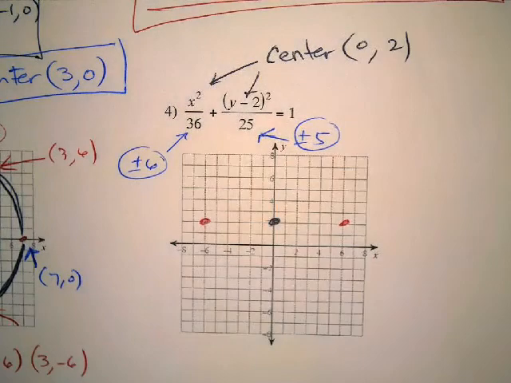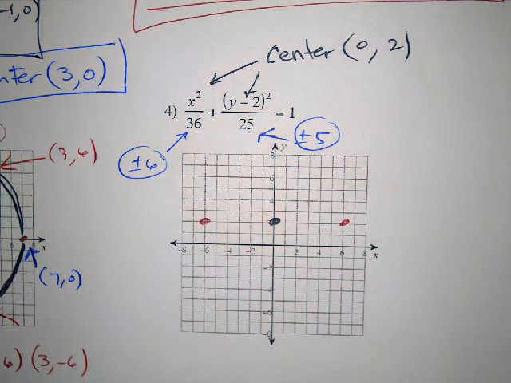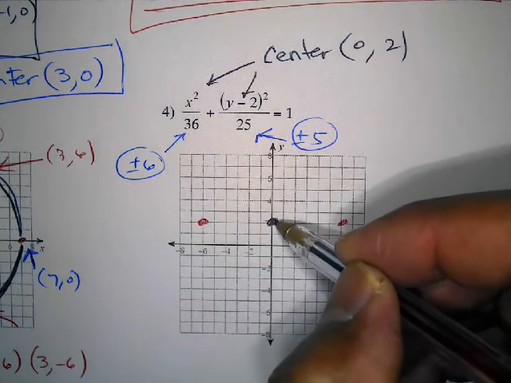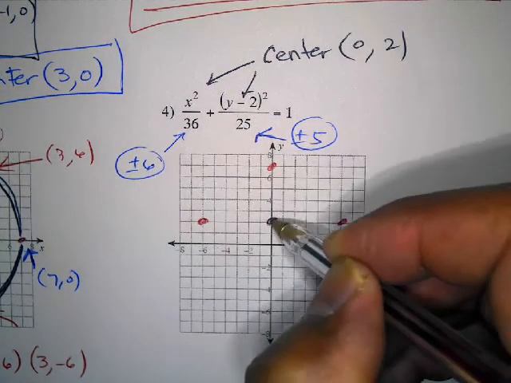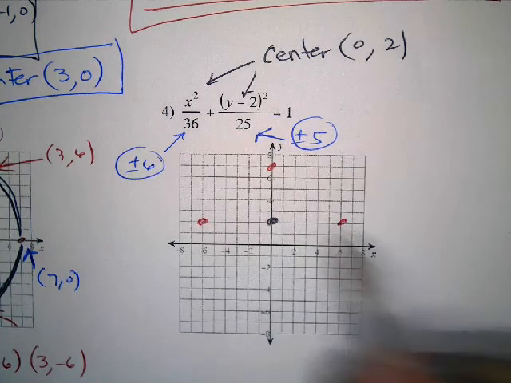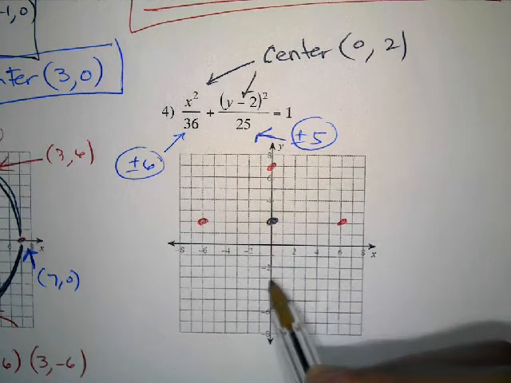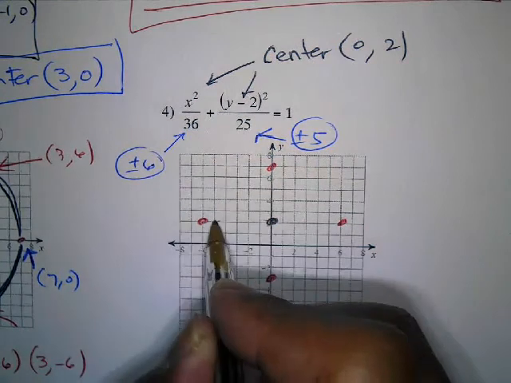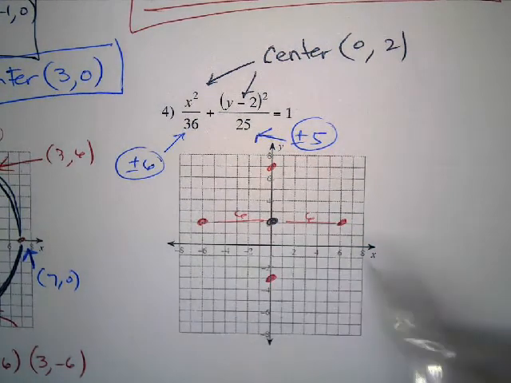So let me go back to the x, which is left and right, 6 and 6. And then 5. 1, 2, 3, 4, 5, and 1, 2, 3, 4, 5.